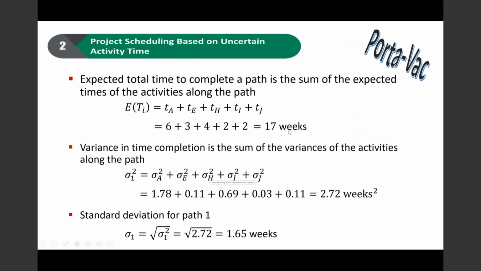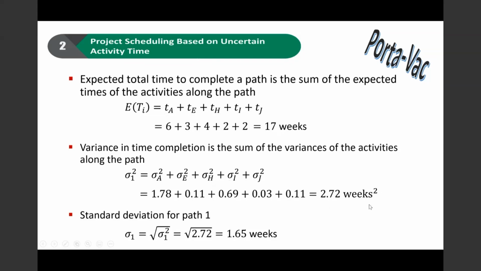The variance is the sum of the variances of the activities along your critical path: variance of activity A plus variance of activity E plus variance of activity H plus variance of activity I plus variance of activity J. So the variance of your critical path is 2.72 weeks squared. Remember, because variance is squared, you have weeks squared.